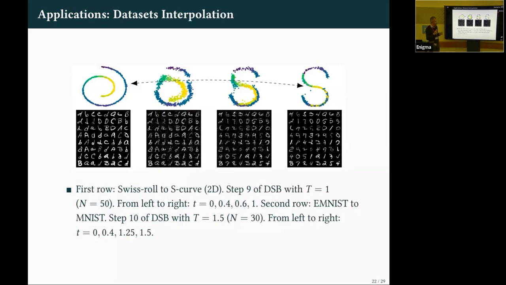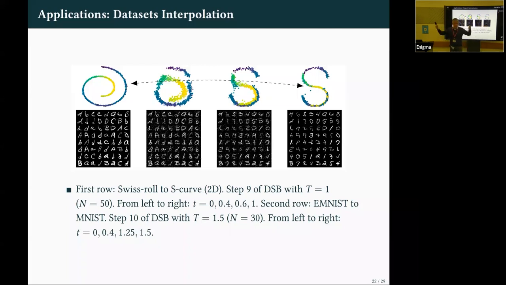What you can also do, which I didn't say, is that the good thing about this Schrodinger Bridge is that it doesn't require you to go from the distribution of the data to a Gaussian distribution. You can go between any two distributions living on the same space, as long as you can sample from those two distributions. For example, here you can go from EMNIST, a database like MNIST but for letters, to MNIST.